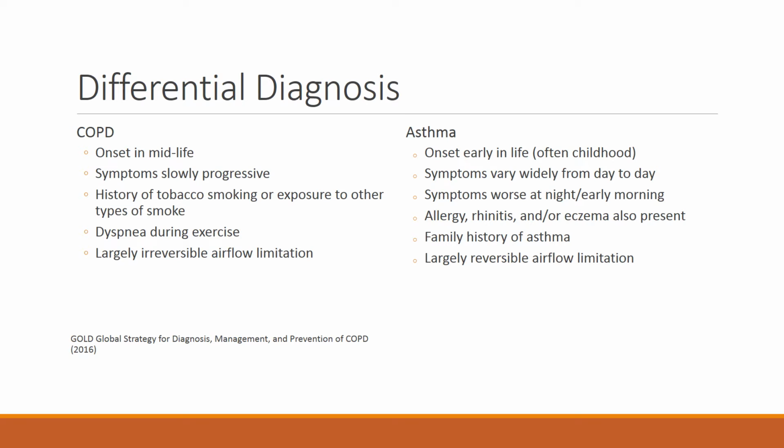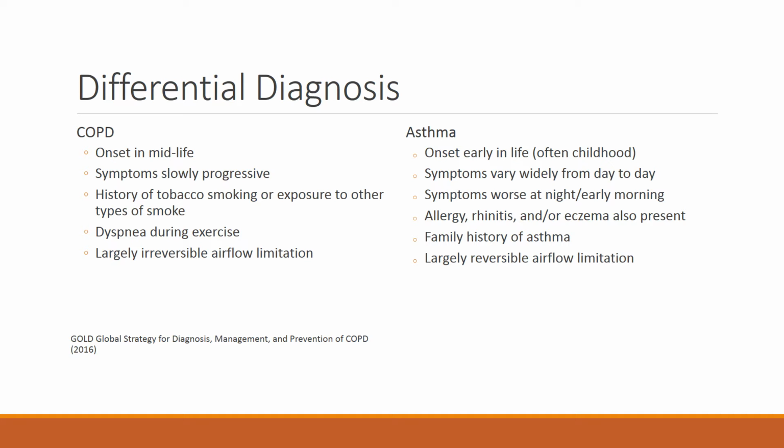With COPD, typically you're going to have onset in midlife after many years of smoking as the lung function declines from the damage. Again, usually asthma is diagnosed in childhood or at least earlier in life. COPD is a progressive disease. It certainly seems to worsen over a number of years.